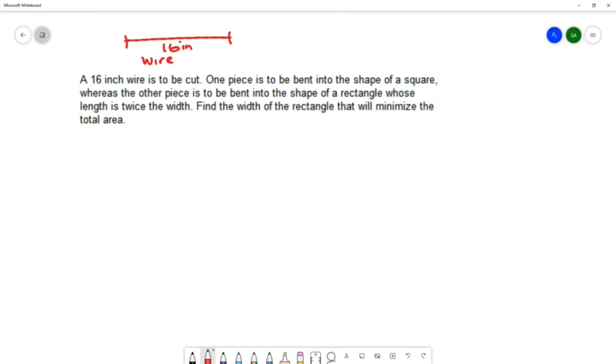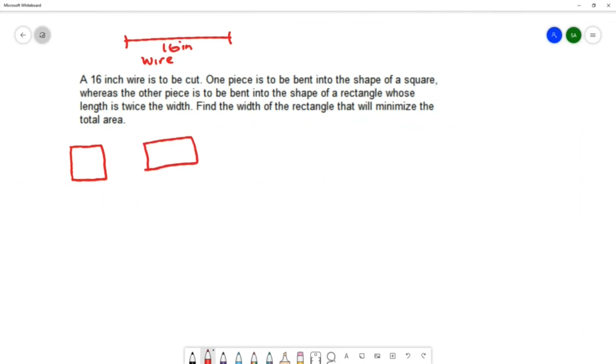And that piece of wire is going to be bent into the shape of a square. And what we know about squares is that they have all the same length sides. And then we're also told that we're going to have a rectangle.